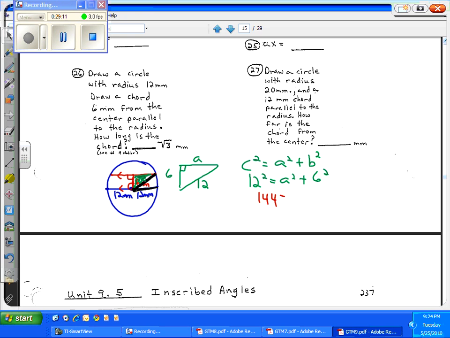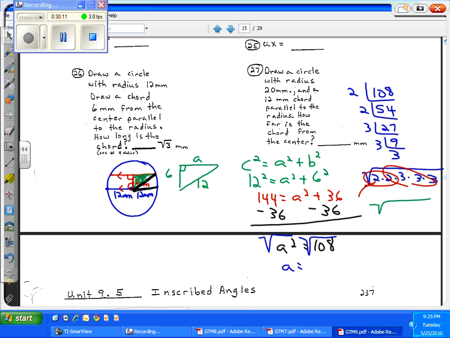And so I could do the Pythagorean theorem, c squared equal a squared plus b squared. 12 squared equal a squared plus 6 squared. 144 equal a squared plus 36. Subtract 36. A squared is equal to 108.